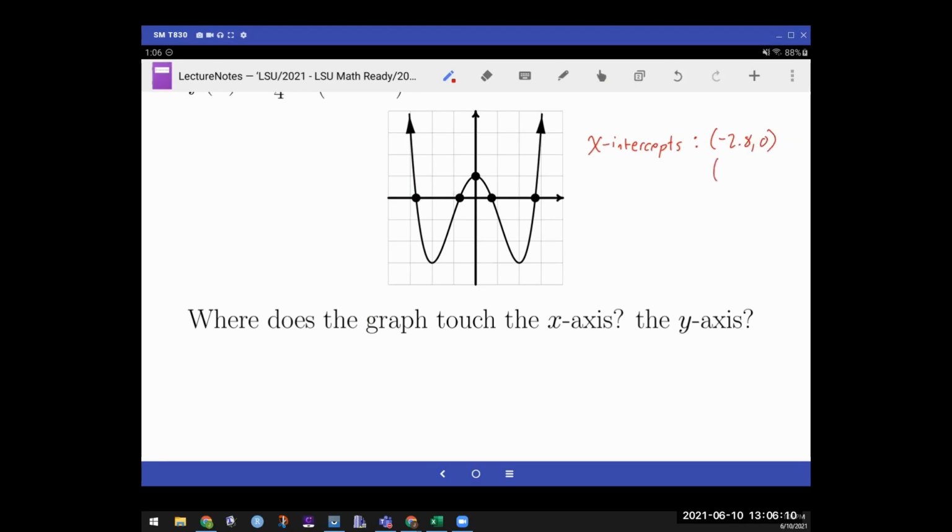This looks like negative 0.8, comma 0. It's not quite to negative 1. It's a little bit before it. Here's 1, so about positive 0.8. And then positive 2.8. So there are 4 intercepts. These are 4 points of the graph.